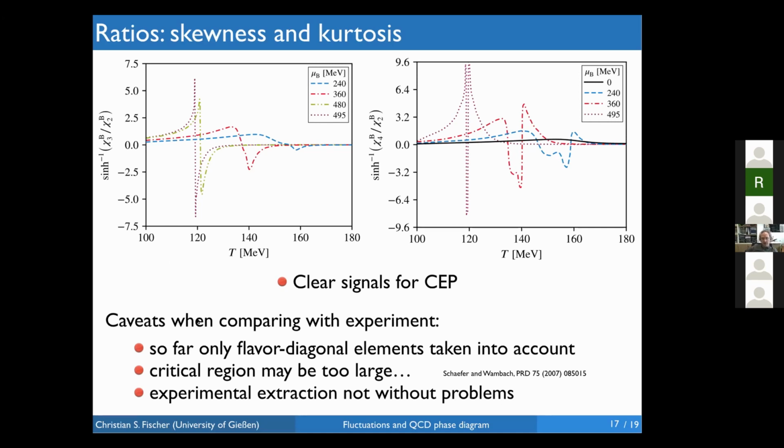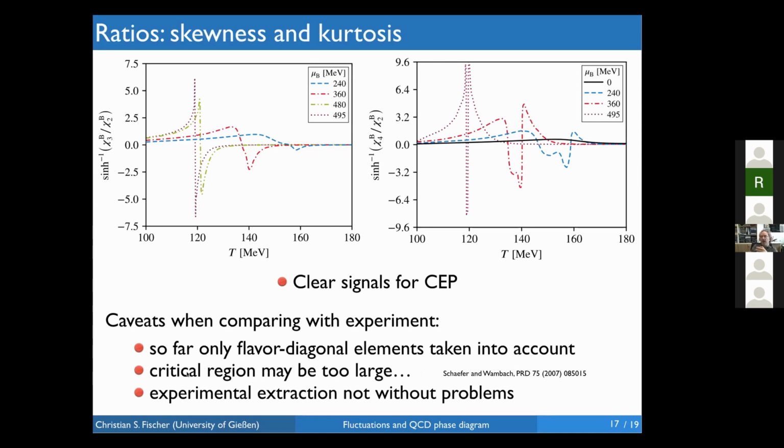Second, it may be that we detect signs of the critical endpoint a little bit early. There are very nice studies from Schaefer and Wambach within the Polyakov-quark-meson model, which showed that the more and more fluctuations you include, the smaller this critical region actually becomes.